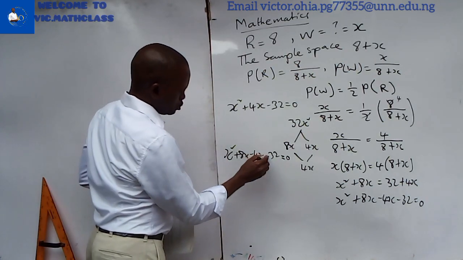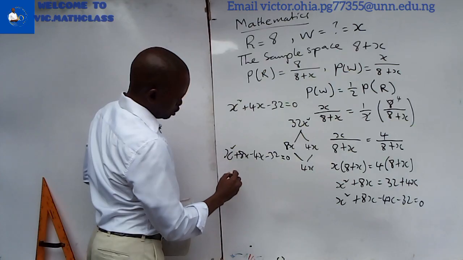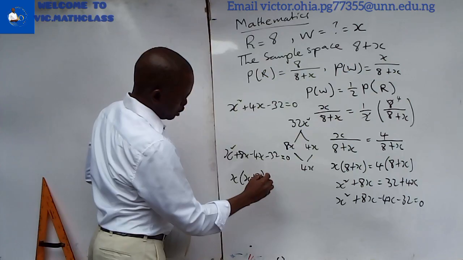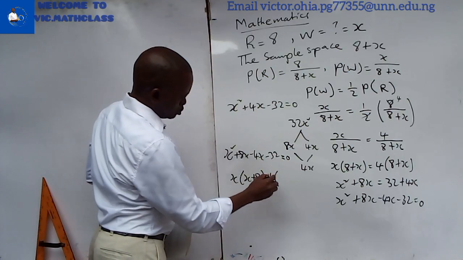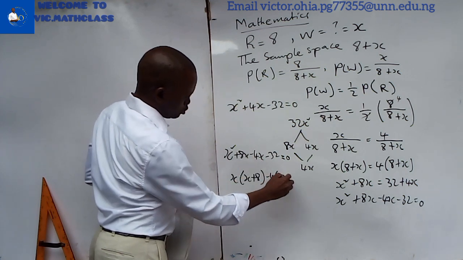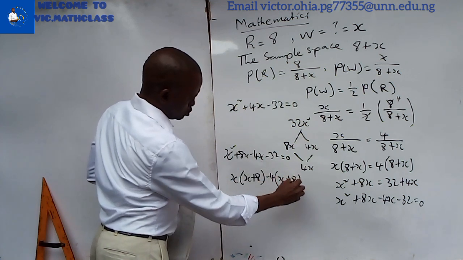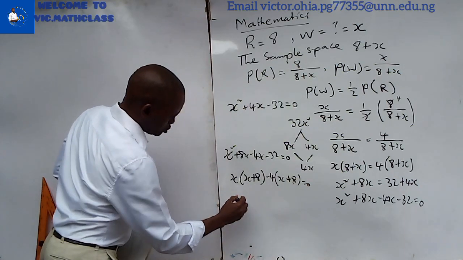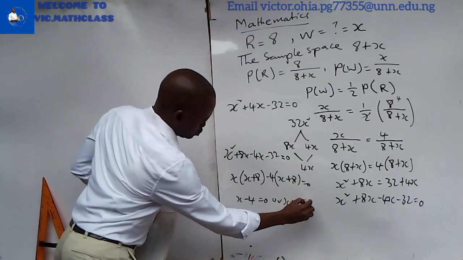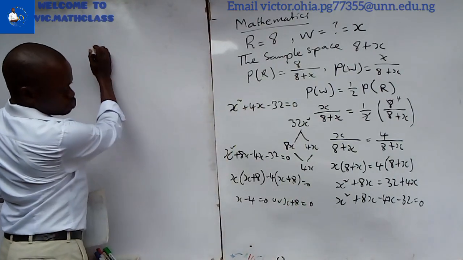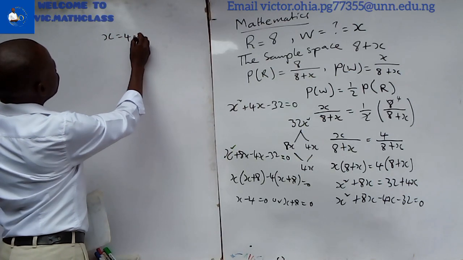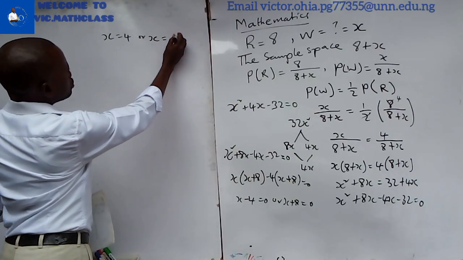Obviously, if I factorize this, I will have x into x plus 8. Then within here, I will have minus 4 into x, minus into plus will give me minus, so I'll put plus here, then I'll put 8 as well, equals 0. So I have outside the bracket x minus 4 equals 0, or x plus 8 equals 0. So you realize that x is equal to 4, or x is equal to minus 8.